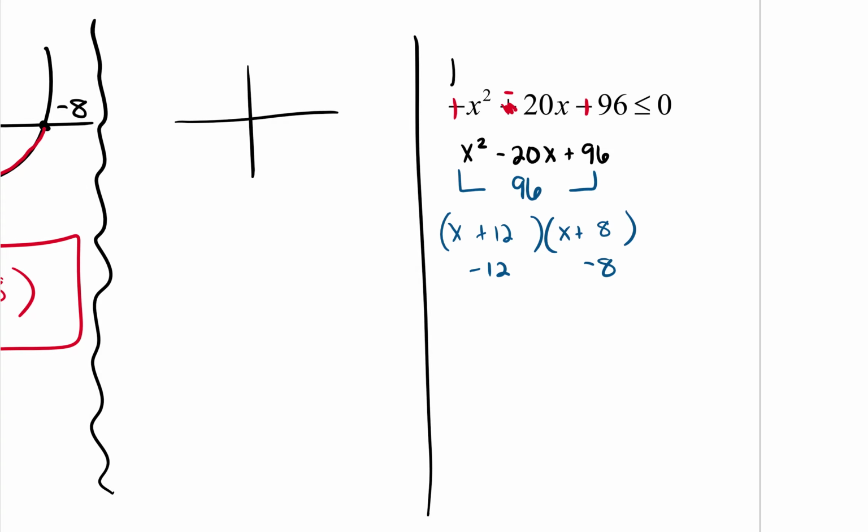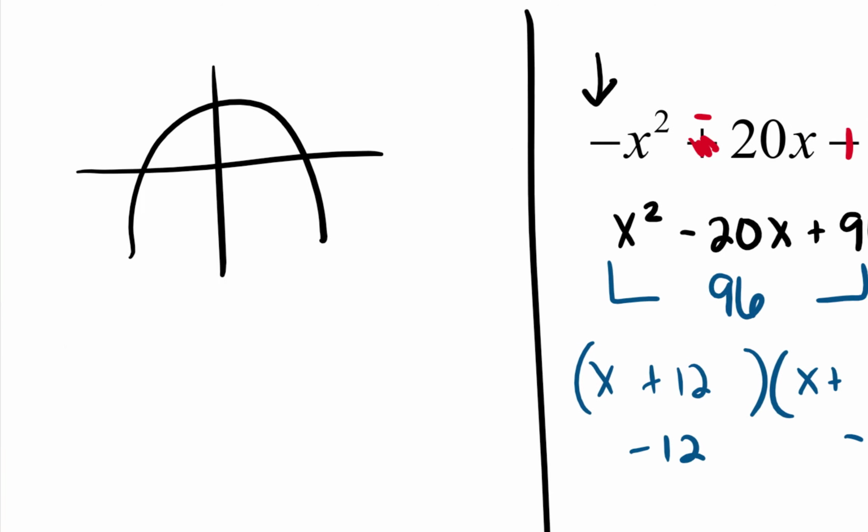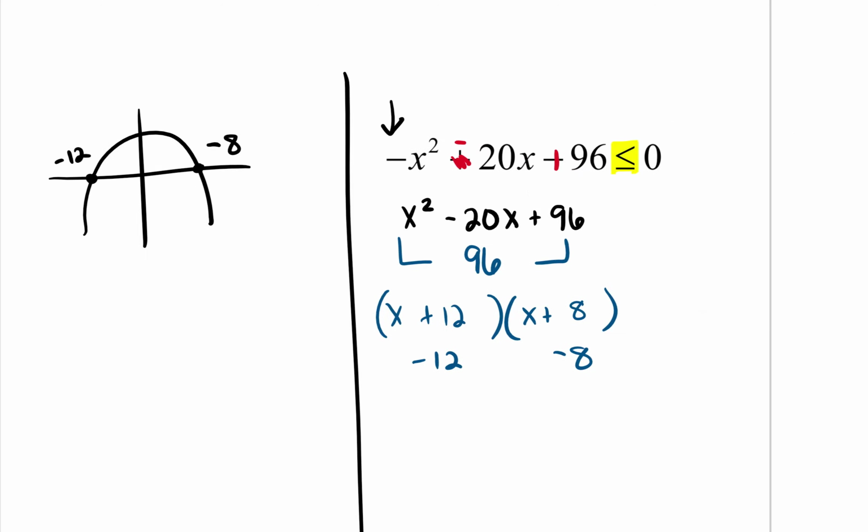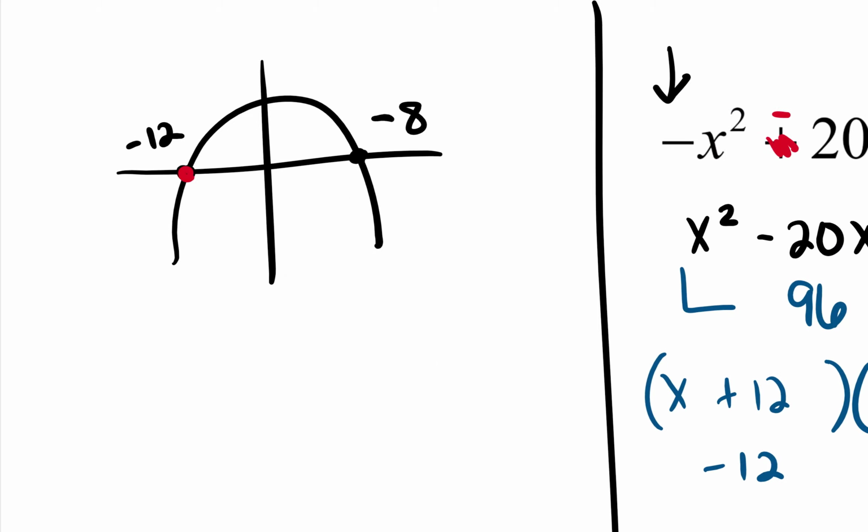Because my original equation, my a, was negative in the very beginning, this line's going to go down. I still have my 2 points, negative 12 and negative 8. Only this time, I went less than 0. Less than 0 would mean I went from this point this direction and from this point this direction.